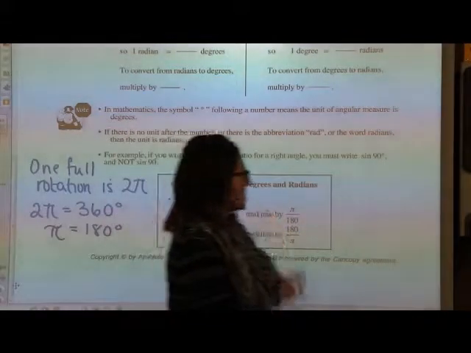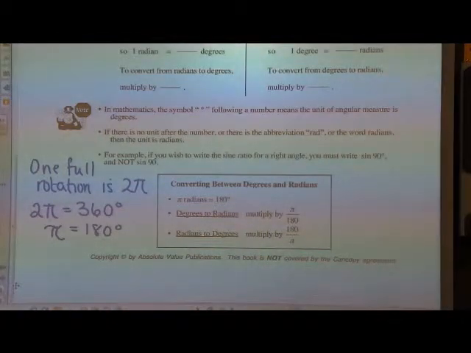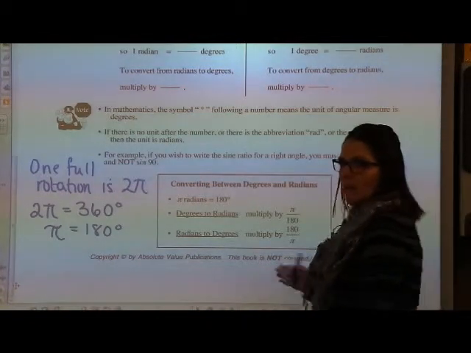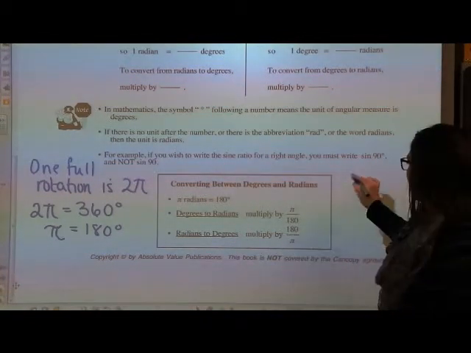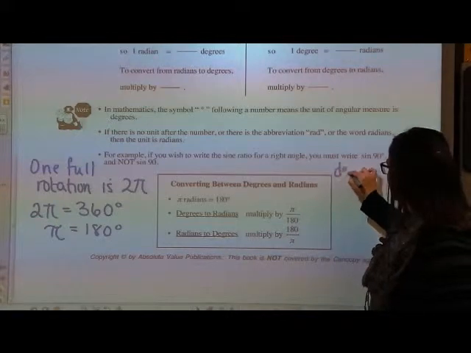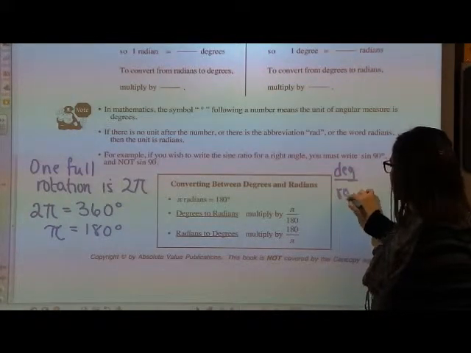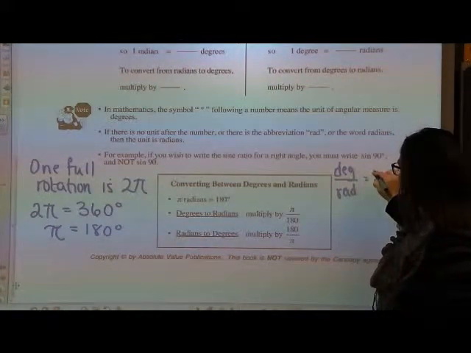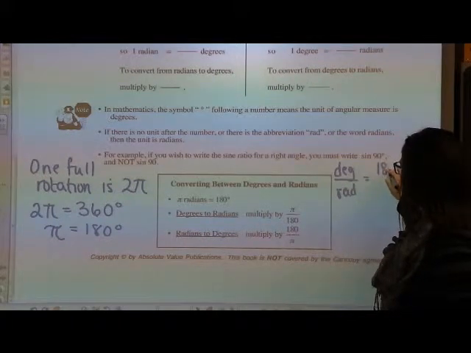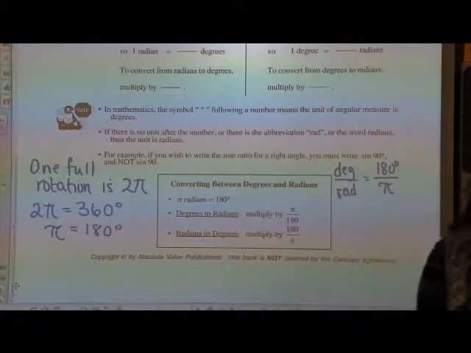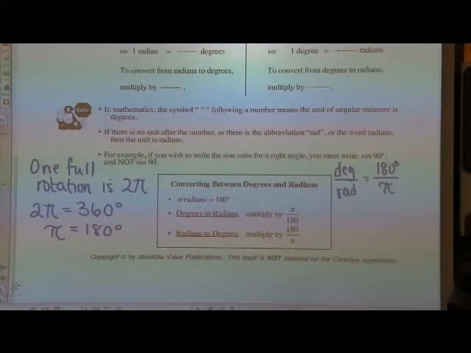This part in here where it says to multiply by pi over 180 or multiply by 180 over pi, don't try to memorize that. Go by a proportion. Degrees to radians. I know that I have 180 degrees to pi radians. And then I can finish off the proportion with whatever it is that I'm given.